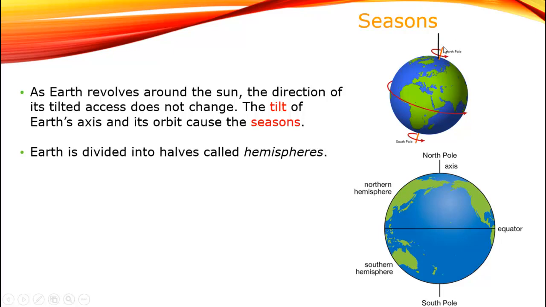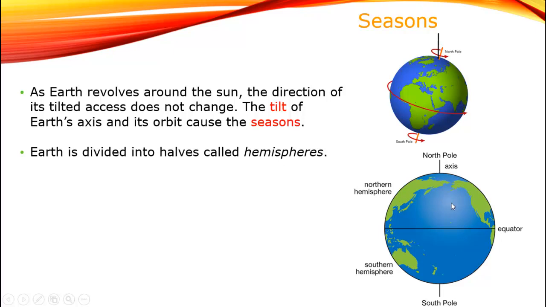Tilt means it has an angle. So the Earth's axis has an angle. This is what is meant by tilt, like this picture. This is the tilt of the Earth's axis. It has an angle. So the tilt of the Earth's axis and its orbit around the Sun cause the seasons.